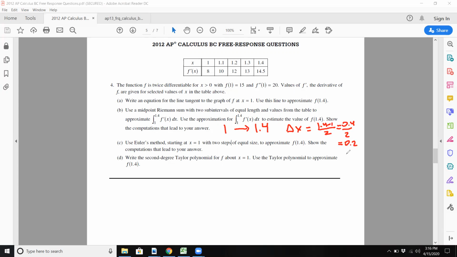So the way we're going to do this, we're going to start by saying f of 1.2 is going to equal f of 1 plus whatever our delta x is, times f prime 1. Then we do it again.